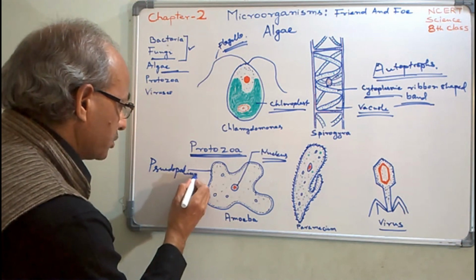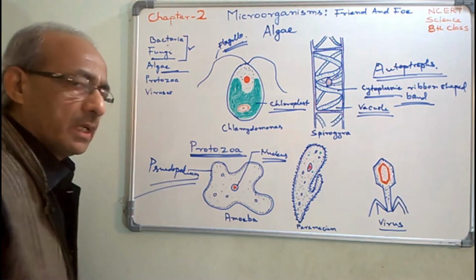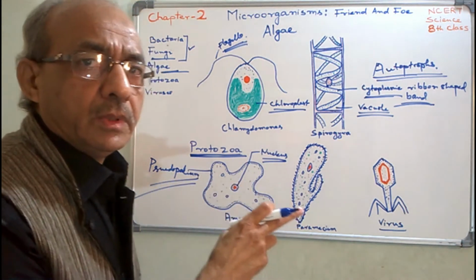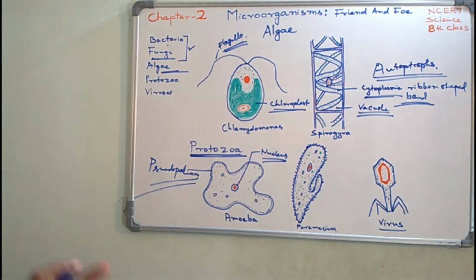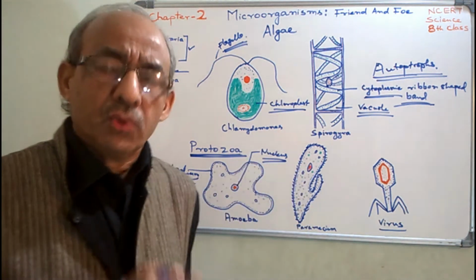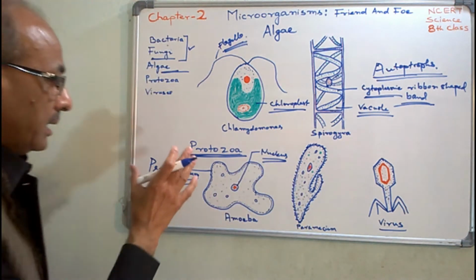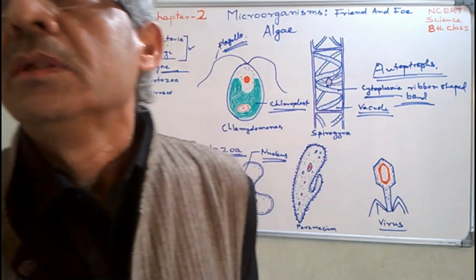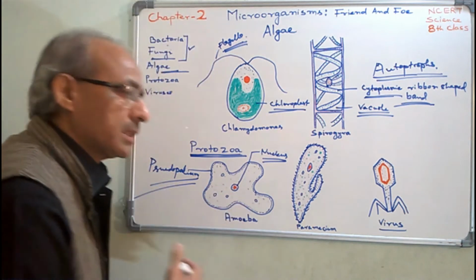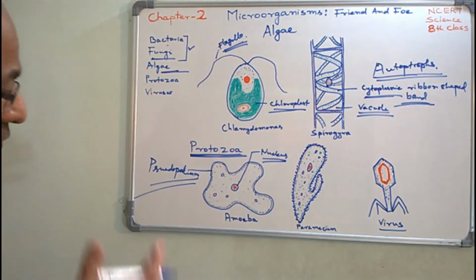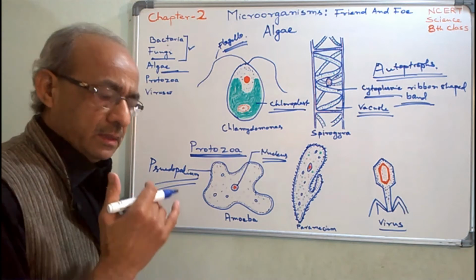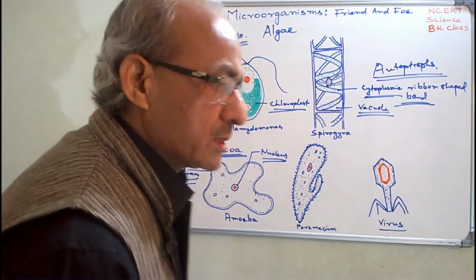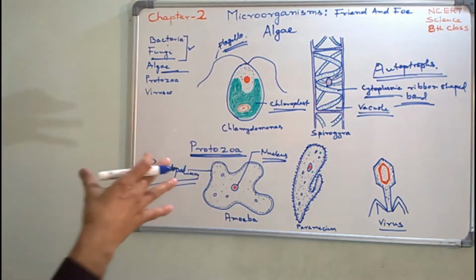Pseudopodium. Singular is the pseudopodium and plural is pseudopodia. With the help of pseudopodia, they perform locomotion, nutrition, they catch the food particles, and also perform other vital biological functions like formation of vacuoles and osmoregulation, that is the process by which they maintain the water level in their body.